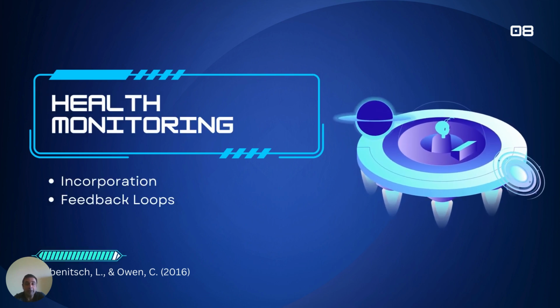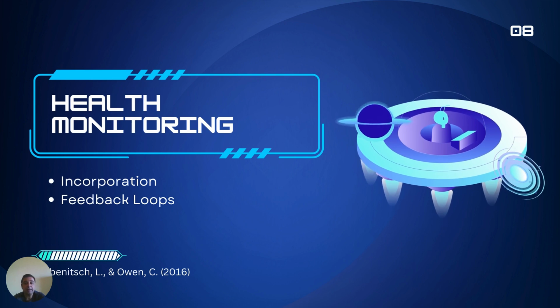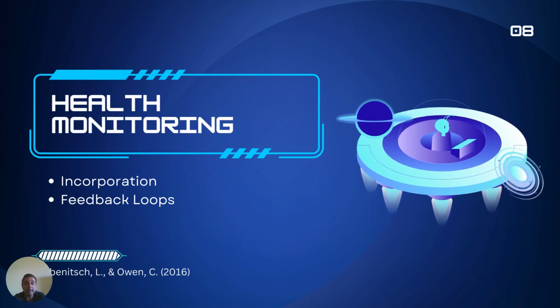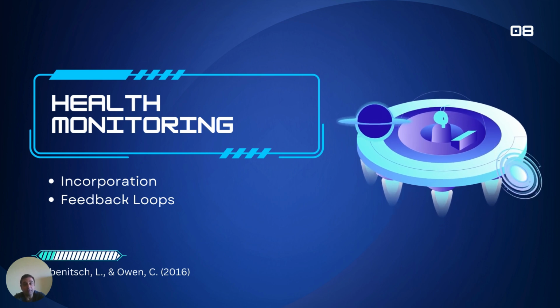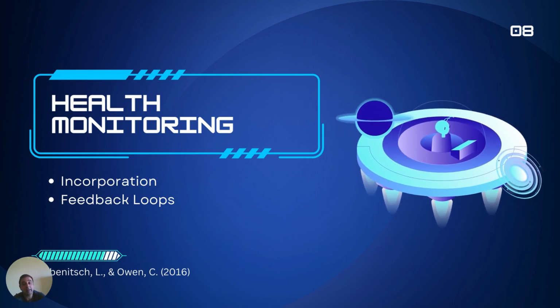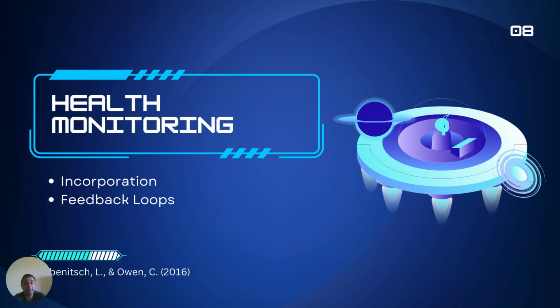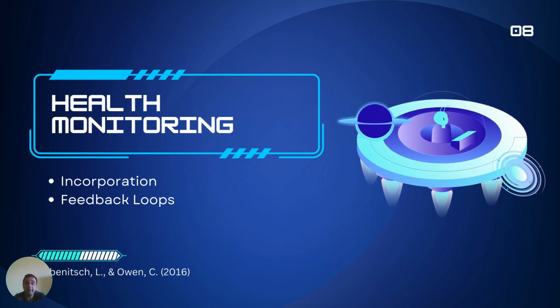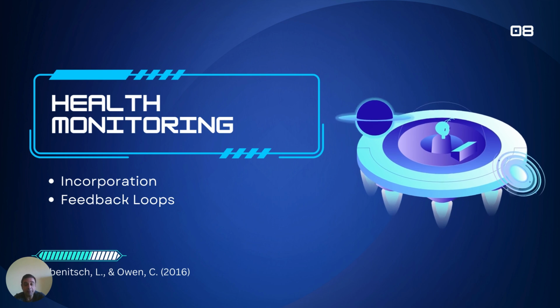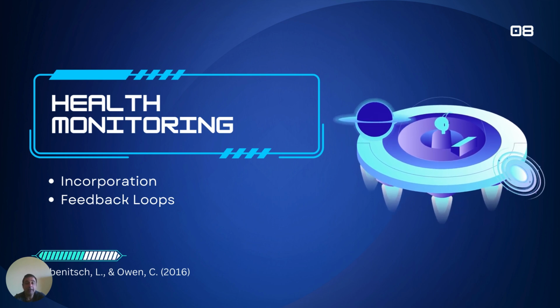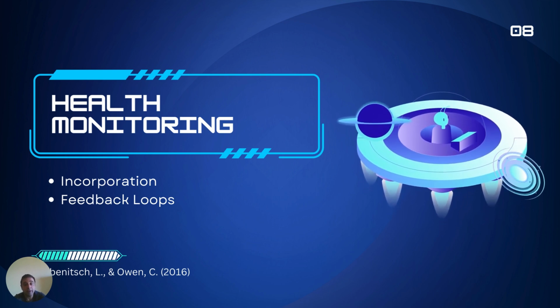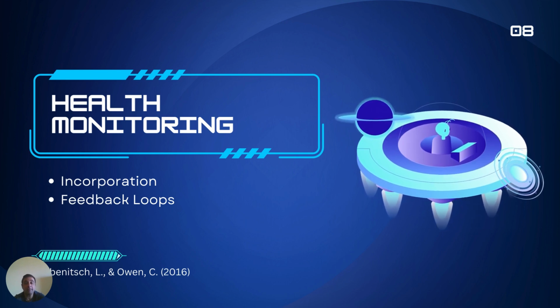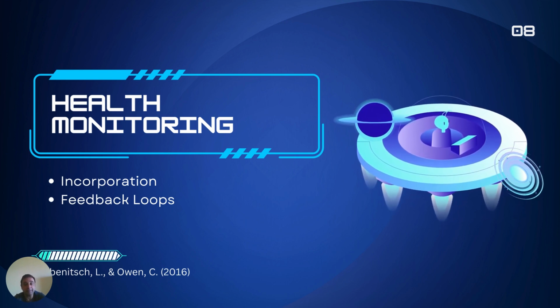Health monitoring. Another effective strategy is incorporating real-time health monitoring into the software. This can include tracking heart rate and posture. Feedback loops, on the other side, can then be used to adjust the user experience dynamically based on this real-time data.